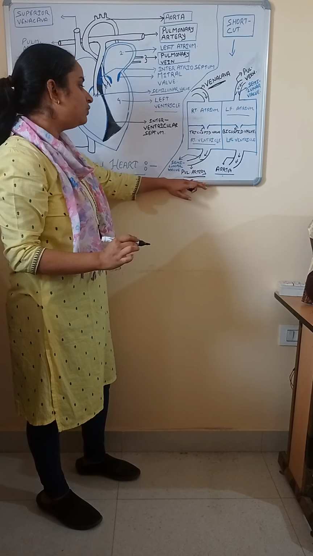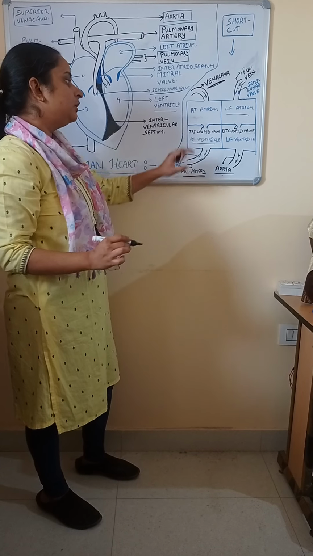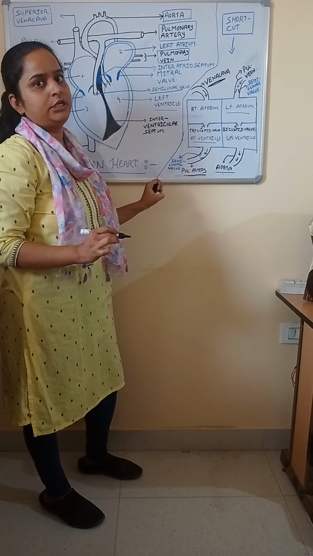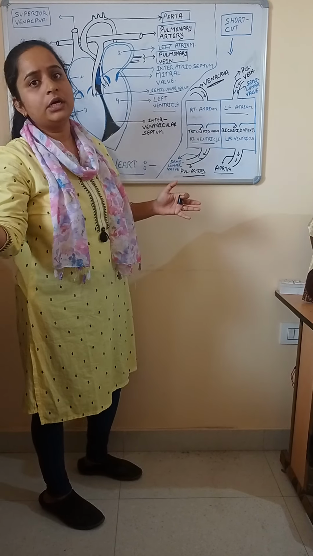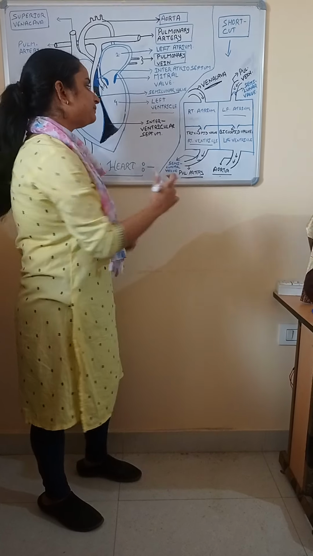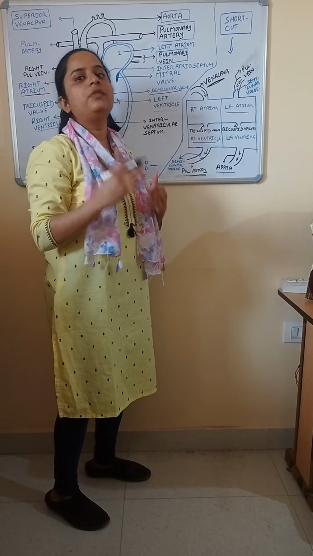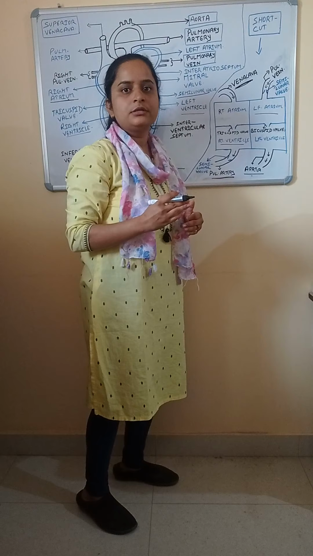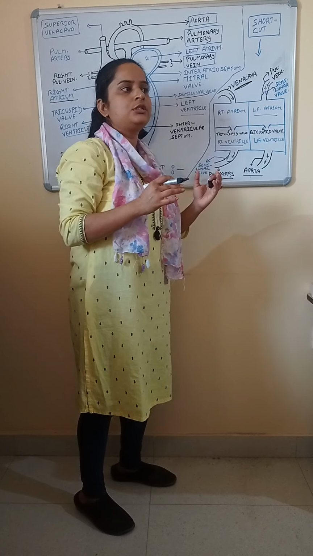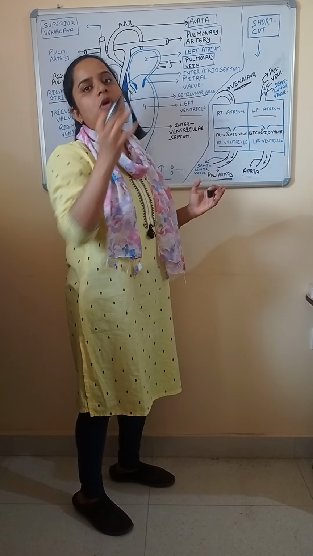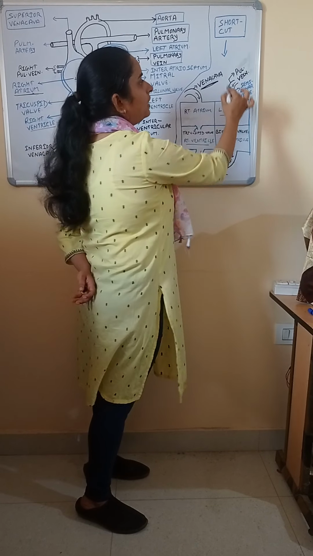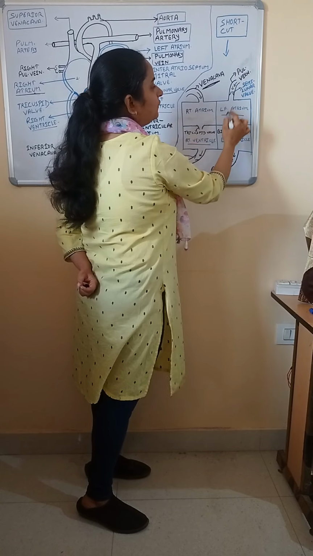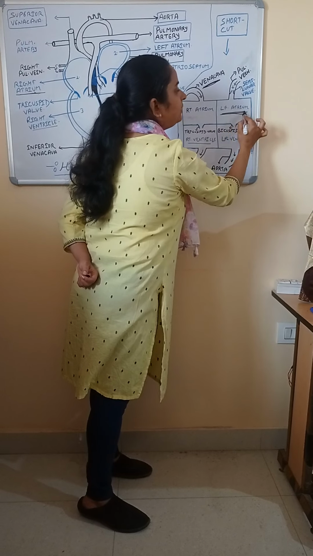This is the pulmonary artery, which takes the deoxygenated blood out from the right ventricle and supplies it to the lungs. Okay. In the lungs, purification of blood occurs. In purification, the deoxygenated blood is oxygenated. And this oxygenated blood is transferred to our left atrium.